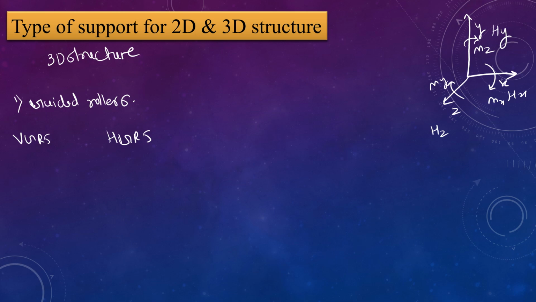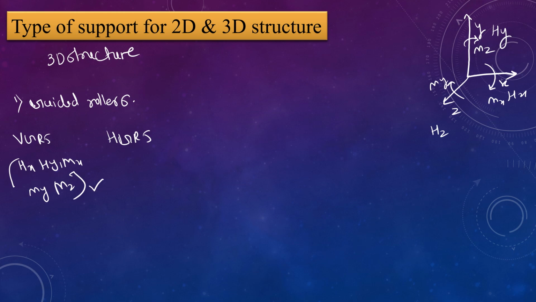Vertical guided roller support is allowed to move in Hx, Hy, Mx, My and Mz. These are the values which are not allowed, or prevented, in the case of horizontal guided roller support, which means values are present here.